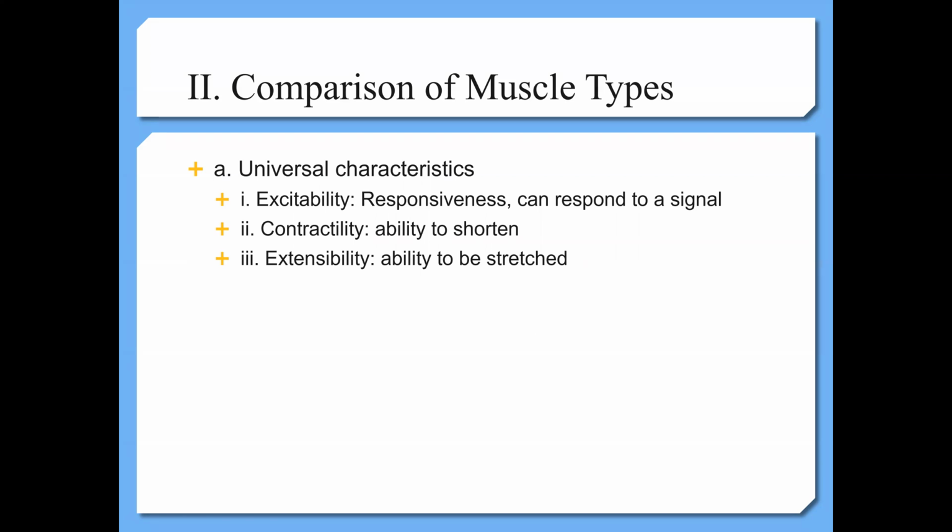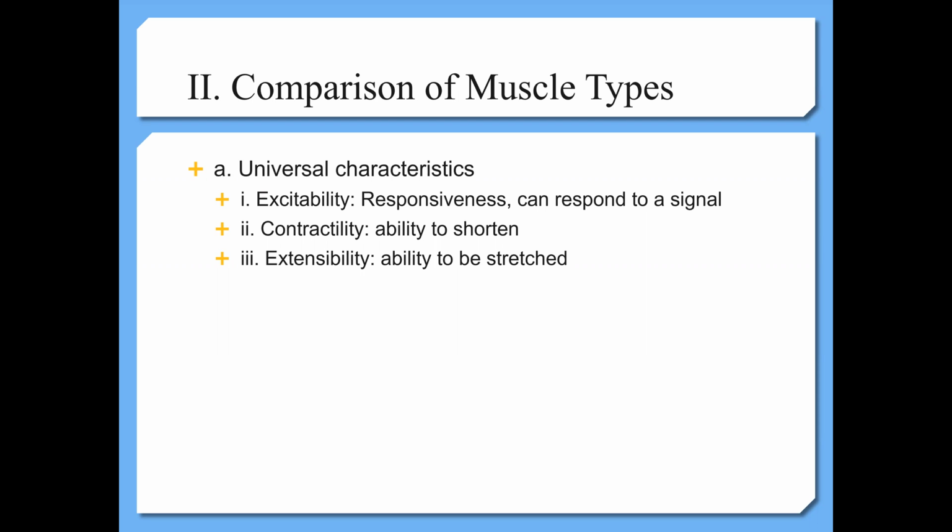We have an agonist which does the major movement, and we'll get to those words. If we wanted to bring our forearm, our antebrachium, up to our brachium, our arm, we would contract the biceps. And so that muscle, the biceps, has shortened, okay?